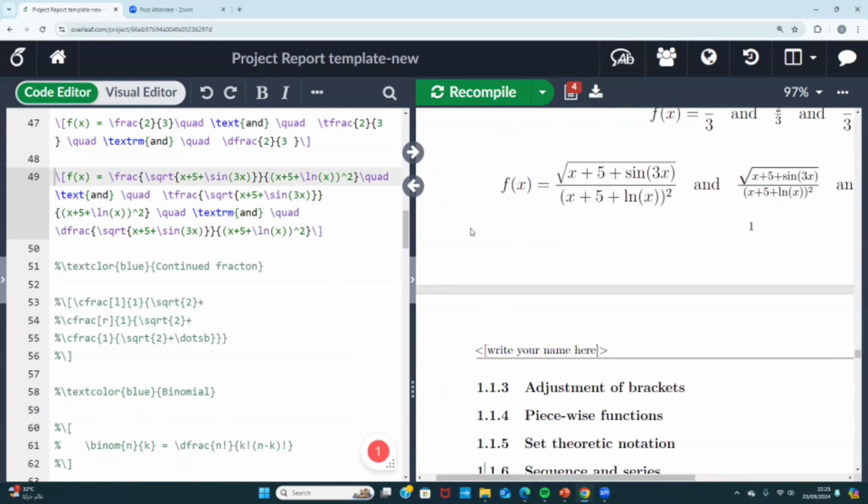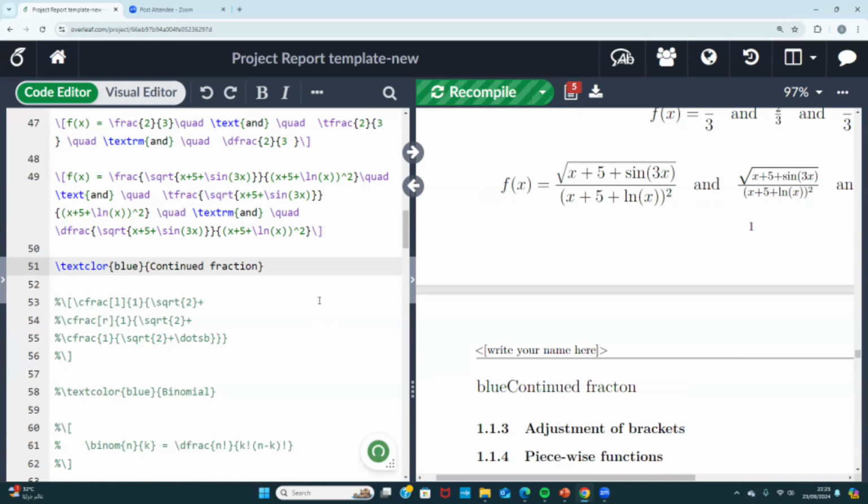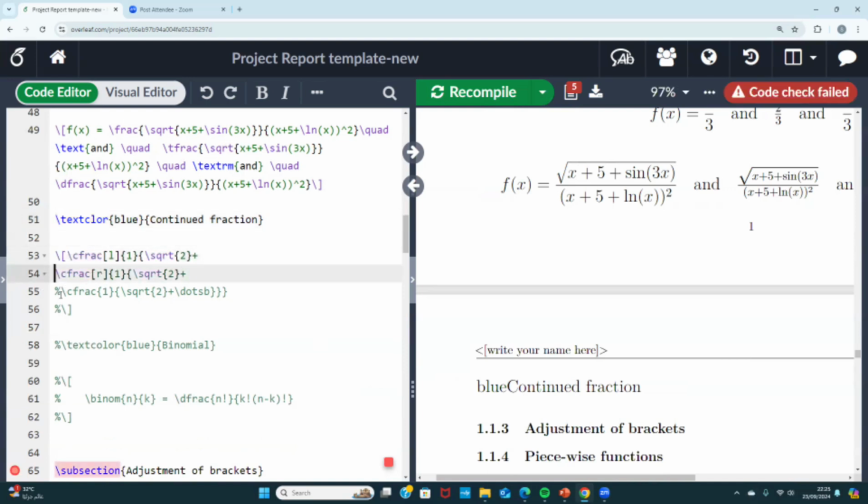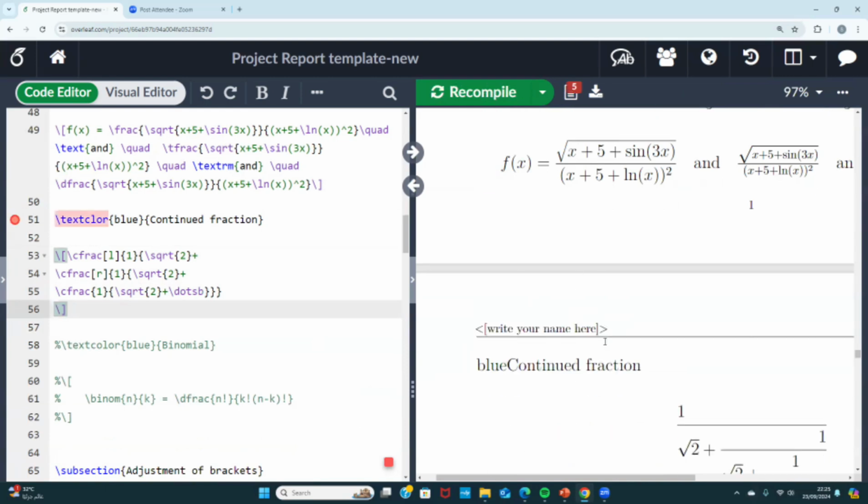Other than this general fraction, there is a topic in mathematics called the continued fraction. Continued fraction means one fraction, then below it another fraction, and it continues. So let's have this code, and in this case we'll use \cfrac.